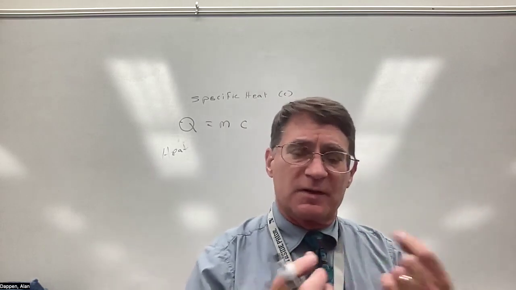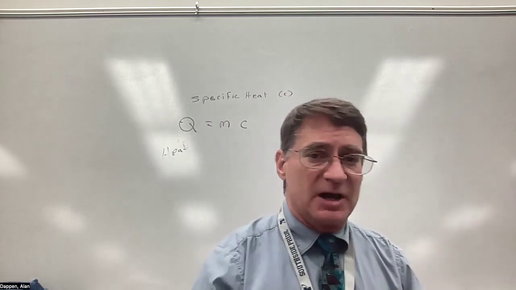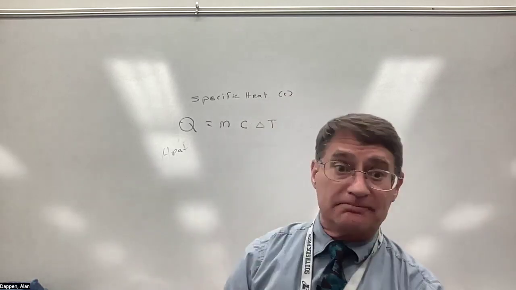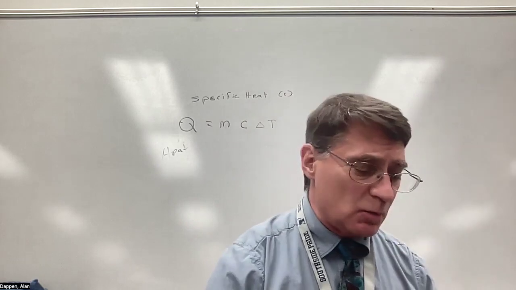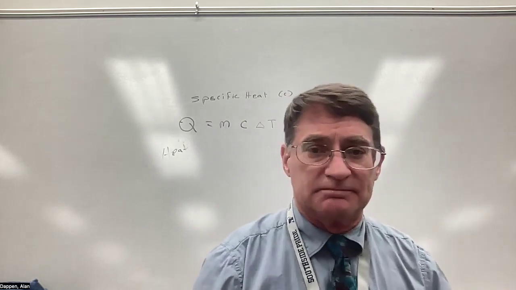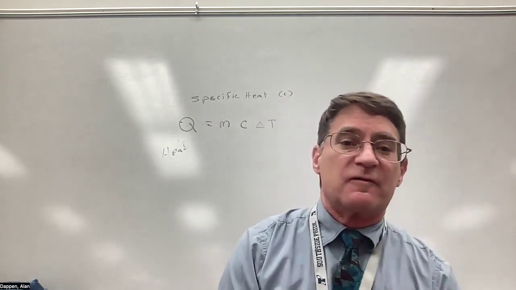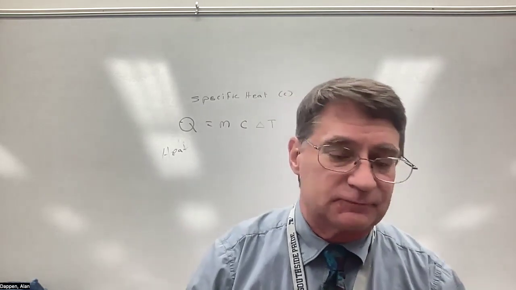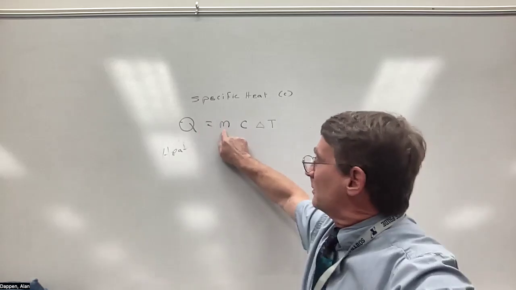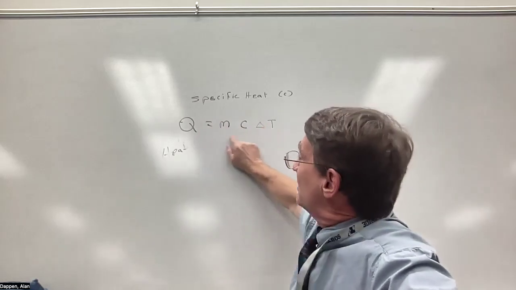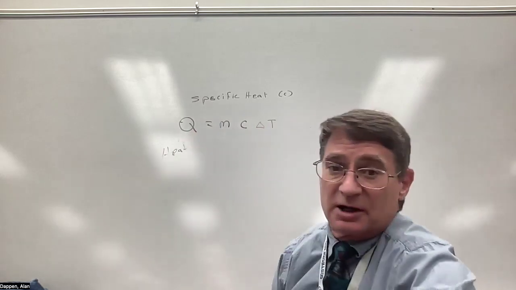The other thing that determines how much heat it takes to heat something up is how much you're heating it by. How much heat does it take to warm up a sample of water by 20 degrees? Well, take the mass of your water, the specific heat of water, and your delta T, and you should be able to calculate how much heat it takes.